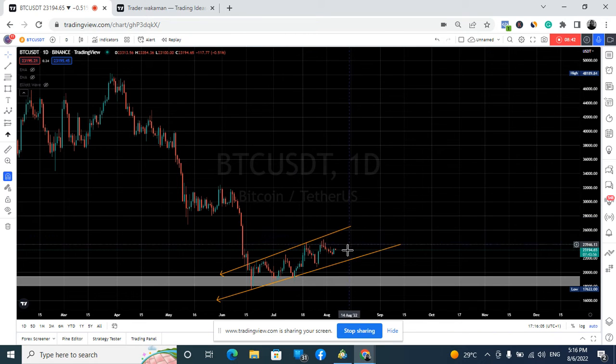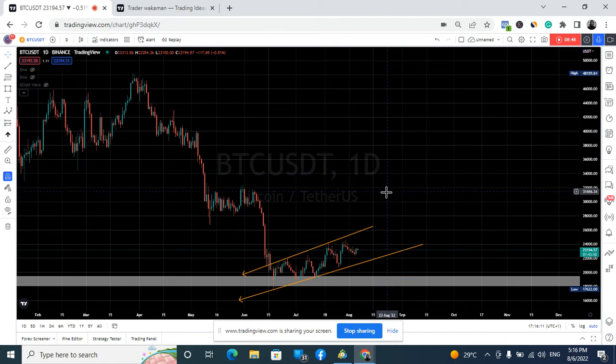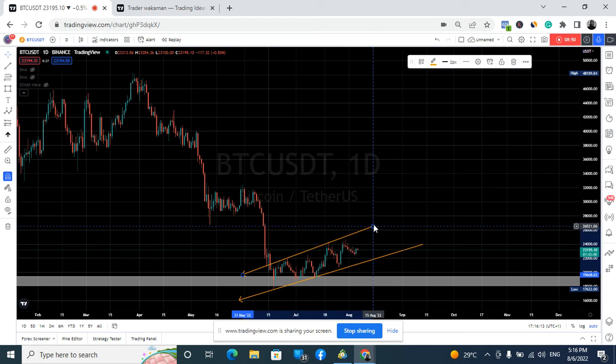If you zoom it out and go to lower time frame, you see that this is a bearish flag, and the market can continue to the down channel at any time.